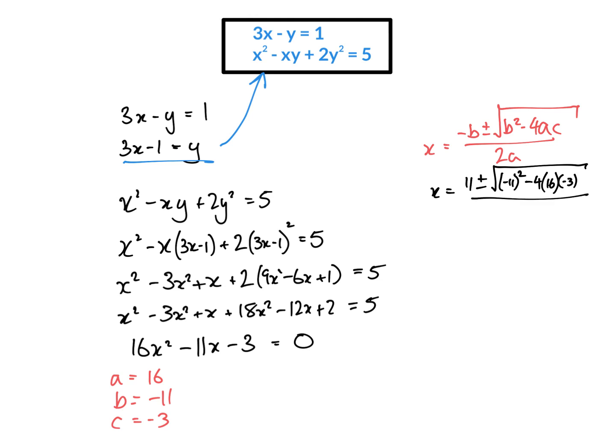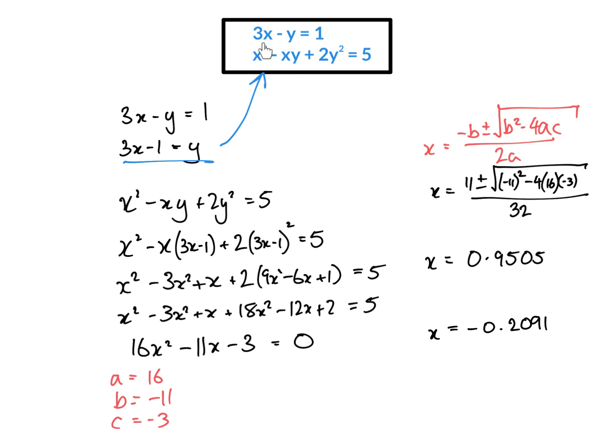And that's all divided by 2 times 16, so 32. When we put that into our calculators then, to start with, we get a value of x is 0.9505, or if we put the minus sign in there, we get x is equal to minus 0.2091. We get two values of x.